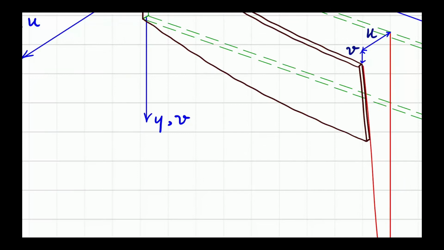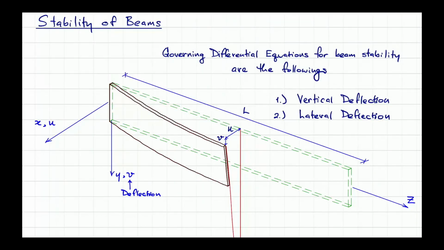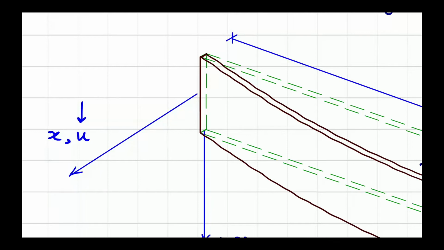So the v is the deflection. U stands for the lateral deformation, let's say the lateral deflection.